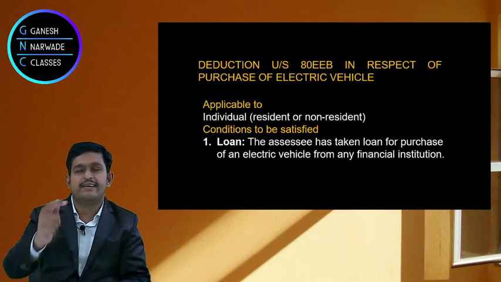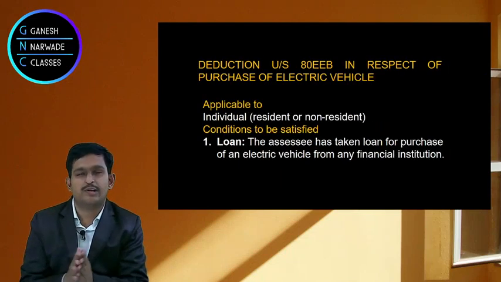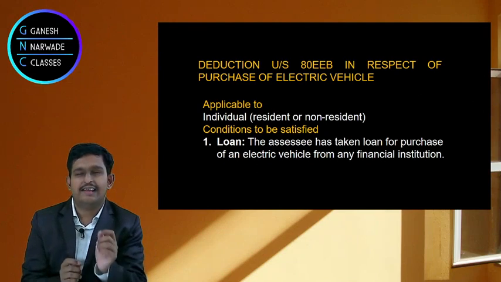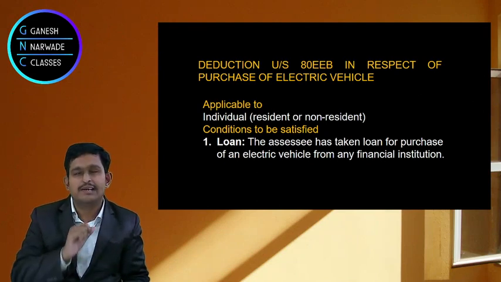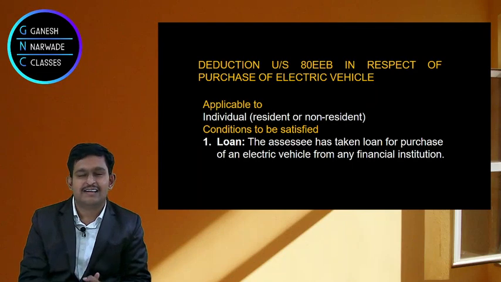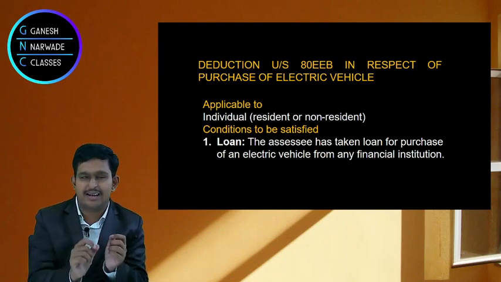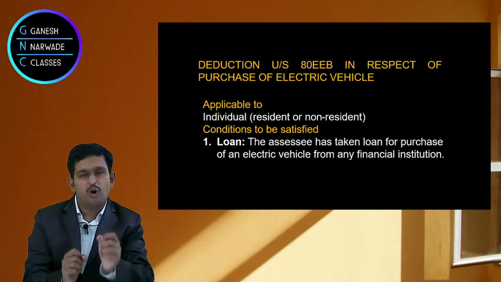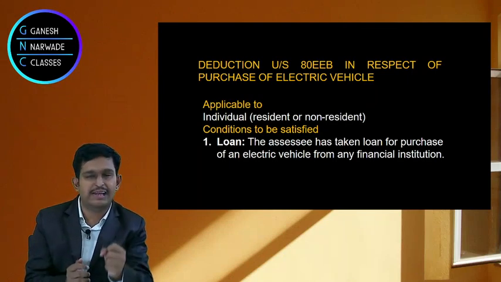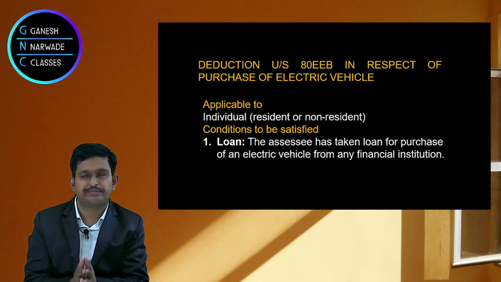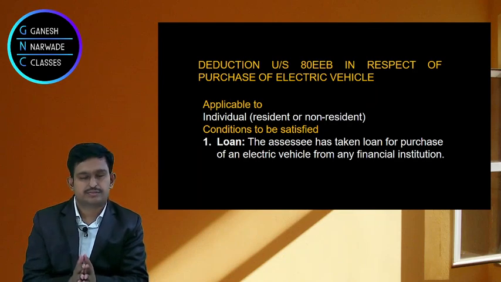So come on students, tell me, what is the section we are going to study? 80EEB. What does it talk about? Sir, if you have taken an electric vehicle, maybe a bike or a car, on EMI basis and we are paying interest for it, there you will get the deduction. Okay.